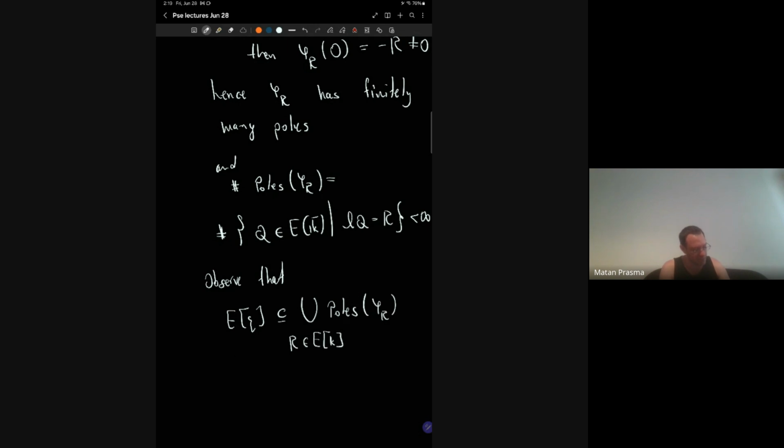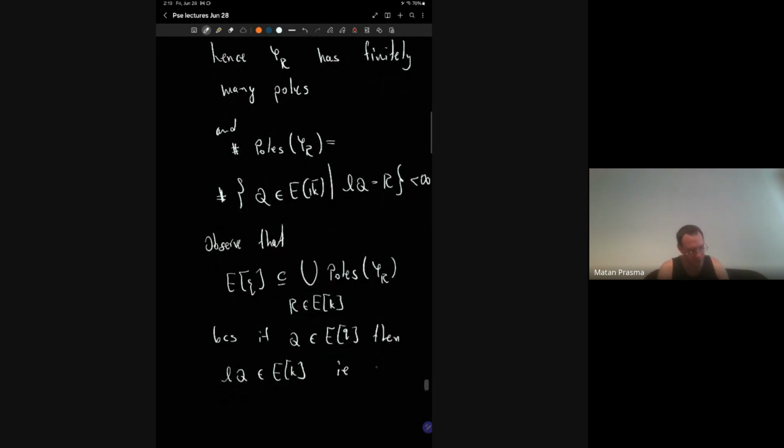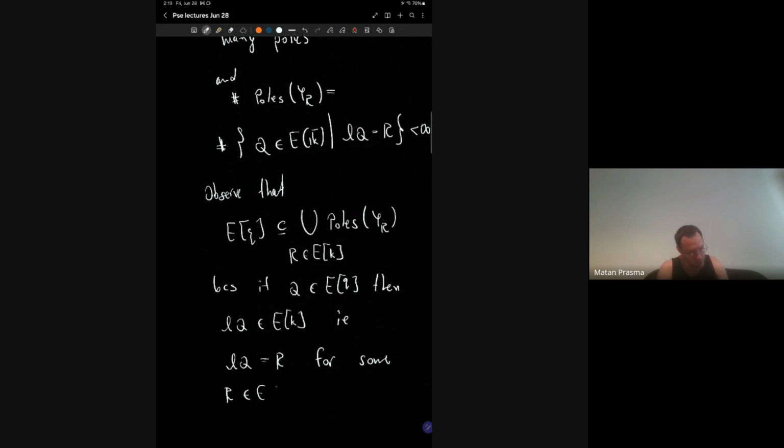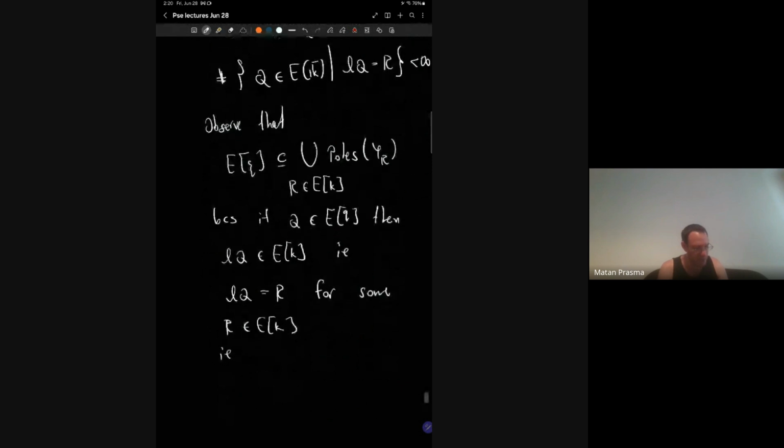Because we said that if a Q is in EQ, then LQ belongs to EK, i.e. LQ is equal to R for some R in EK, which means that Q is in the set of poles of phi R.